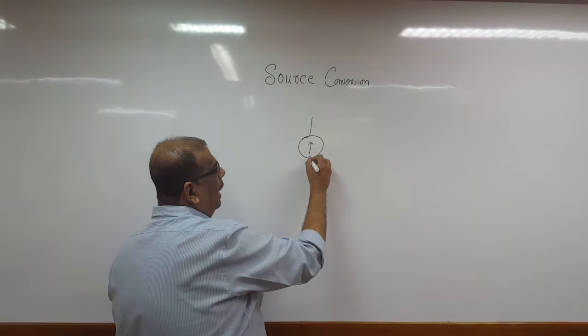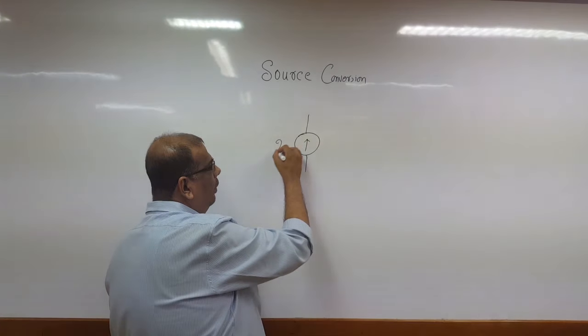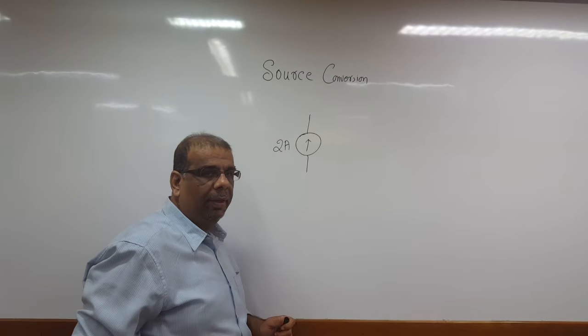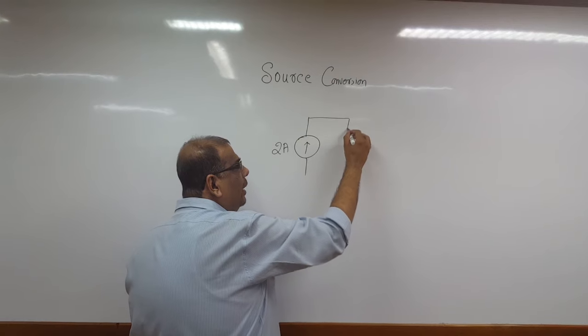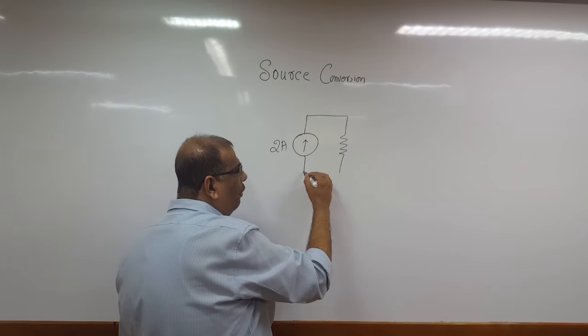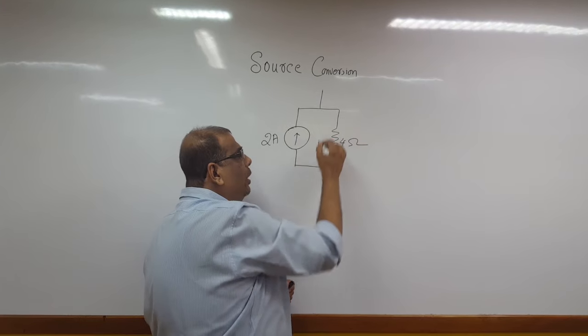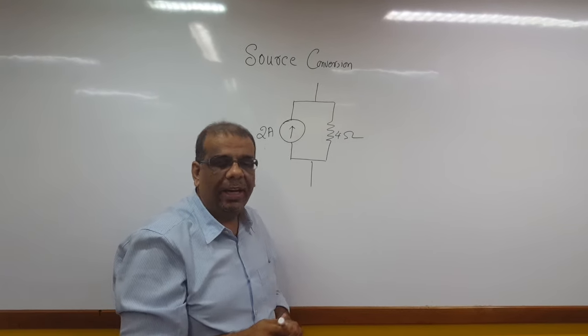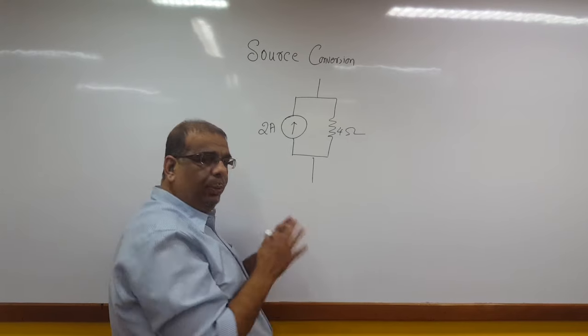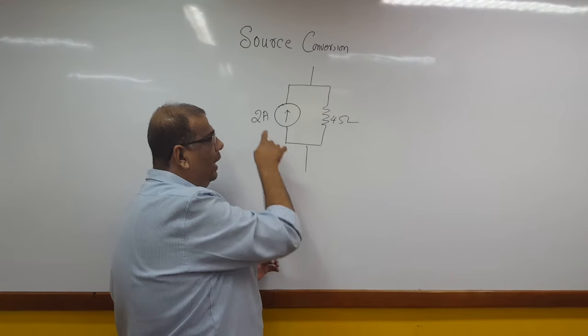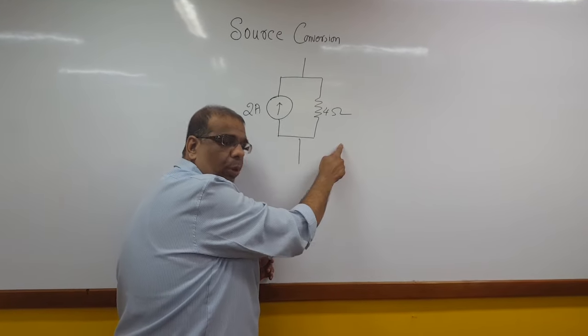Suppose I have a current source here of 2 amperes, and this current source has a resistance of maybe 4 ohms, and I want to convert this current source. The best way to convert this current source is 2 into 4.